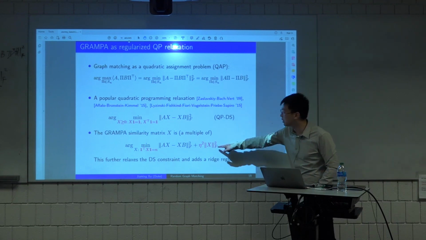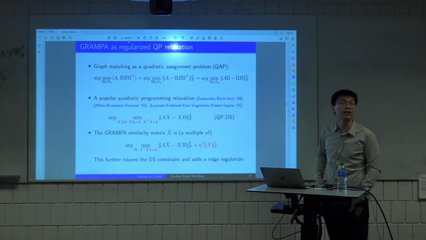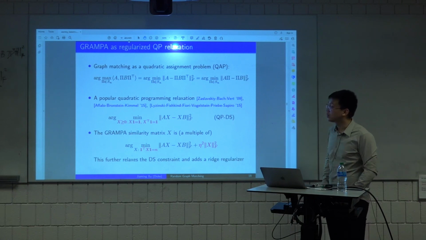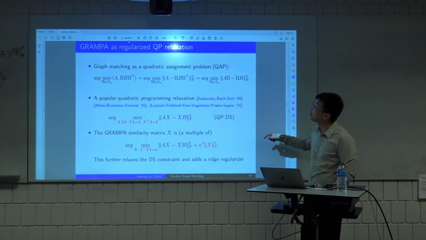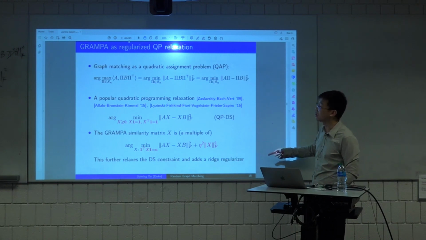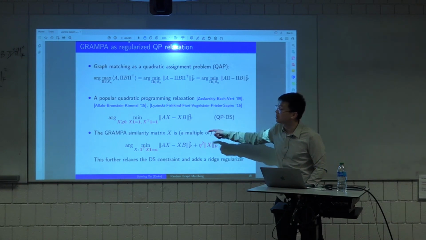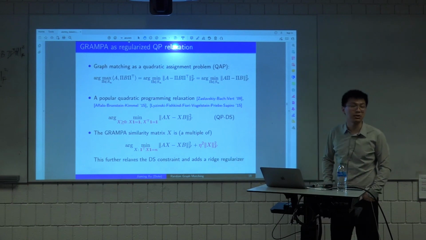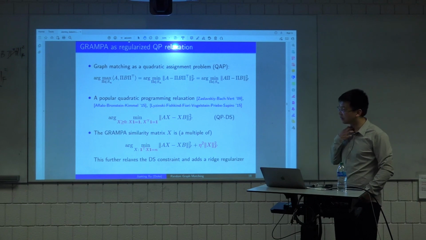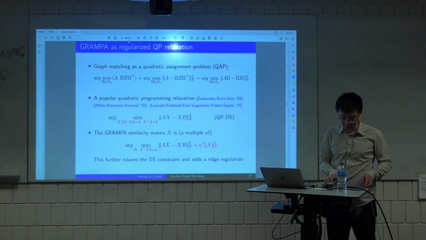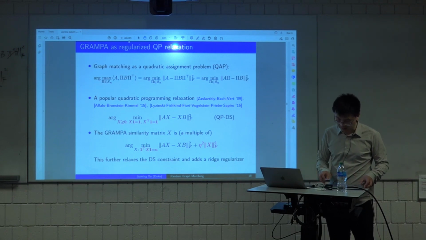It's basically eta squared times the Frobenius norm of x squared. It turns out that if you solve this, we call it a regularized quadratic program relaxation, the solution is the same as this GRAMPA similarity matrix X, up to just some scaling factor. So that's just another way of looking at this.